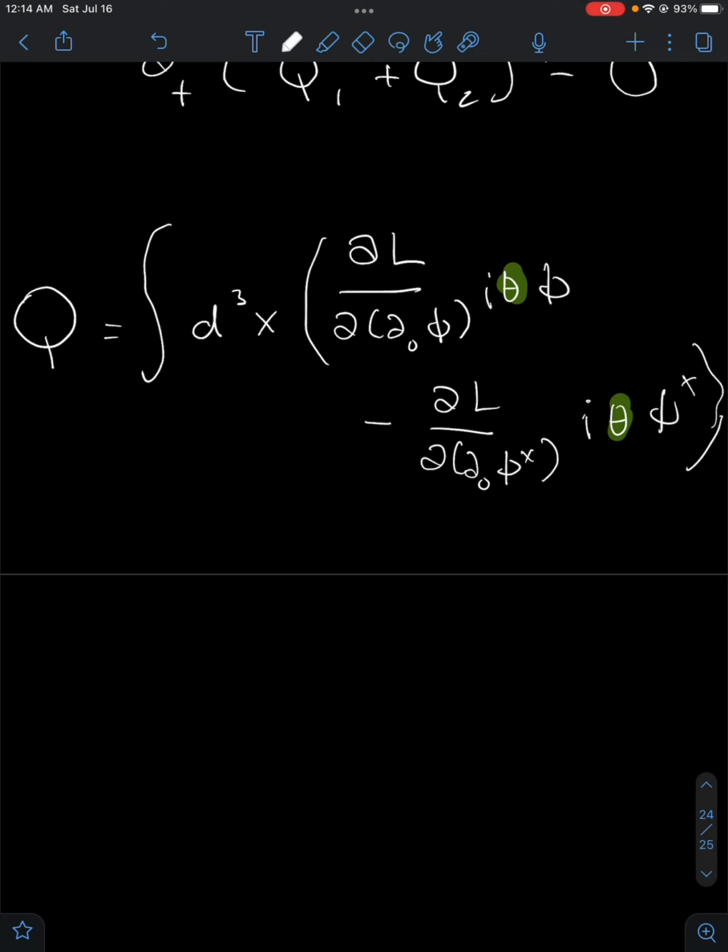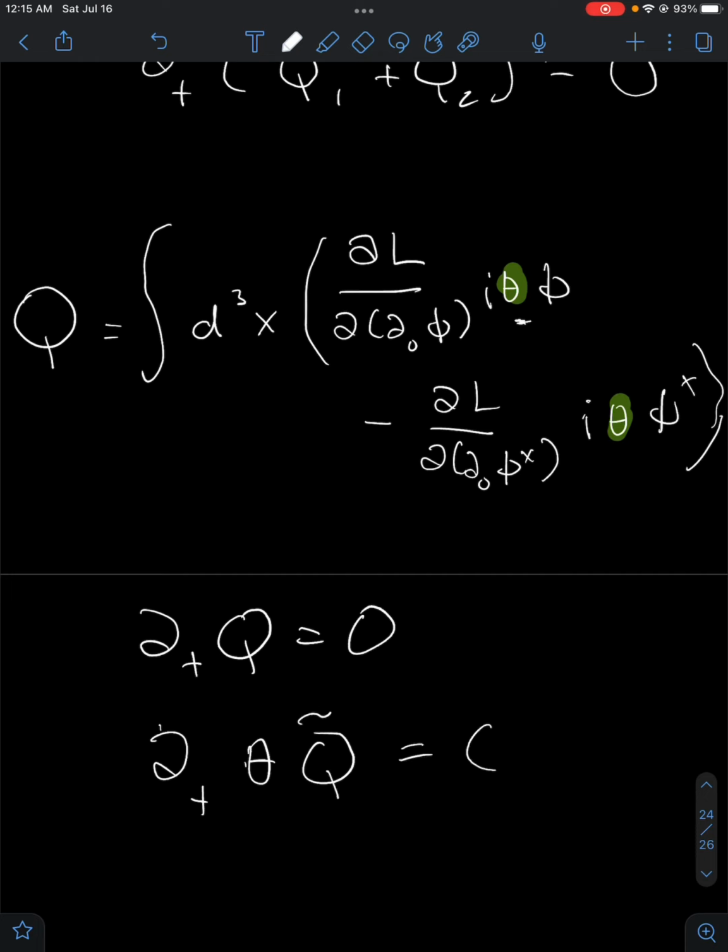So the main idea here is that we have that partial t of Q equals 0. We can take this theta, move it in front of the Q. So in a bit vague terms, we're just moving the theta in front, and then we are left with Q without theta. Let's call that just Q tilde, and that equals 0.